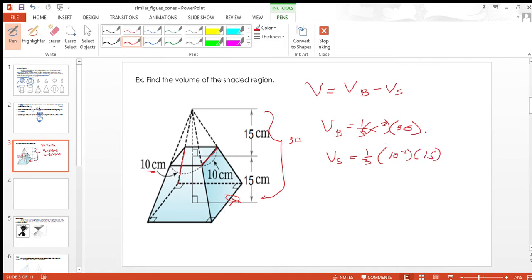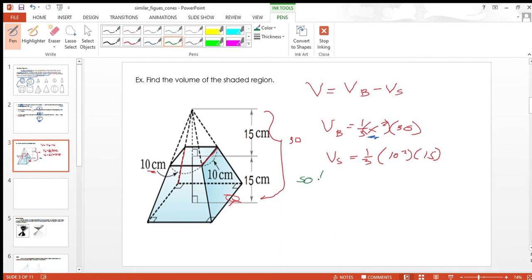So what is missing in this problem is the value of x. So how do we now find the value of x? That's where similar figures will come in. So how do we solve for x?